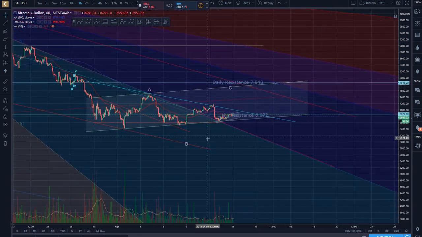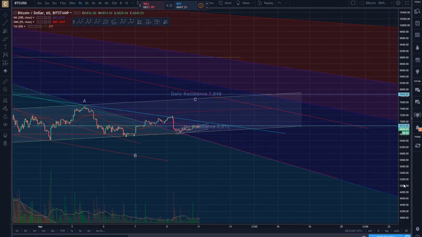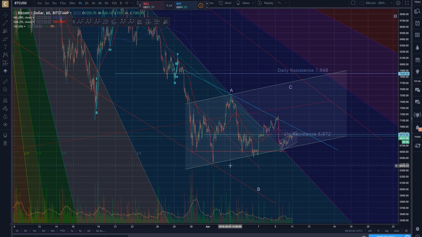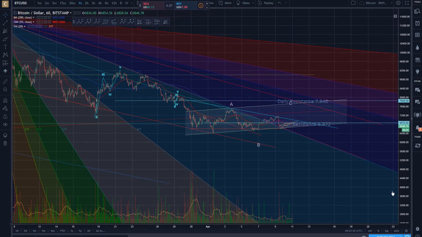Right here. See how the market pierced through, okay? And then it came back down, and then it went up, right? And then it came back down and it stopped right on top of this GAN fan line again.